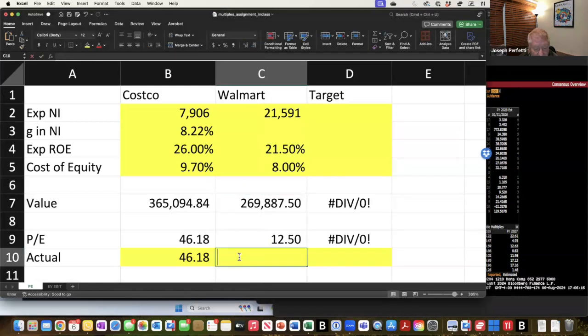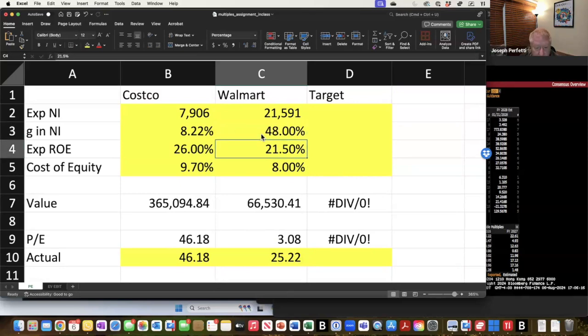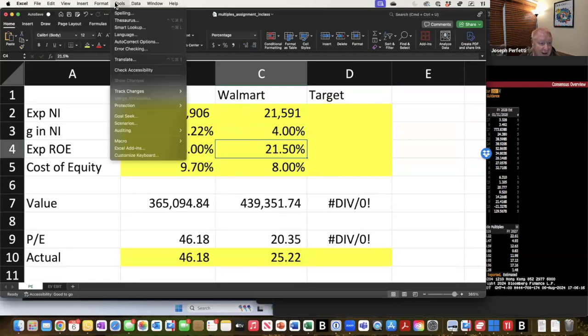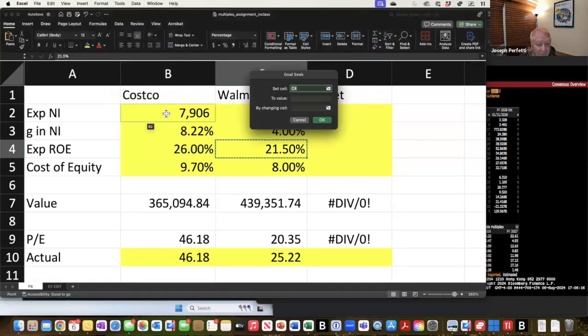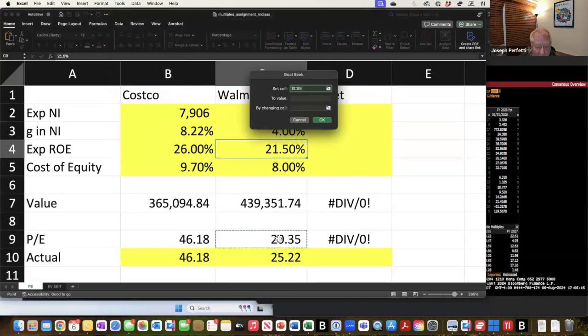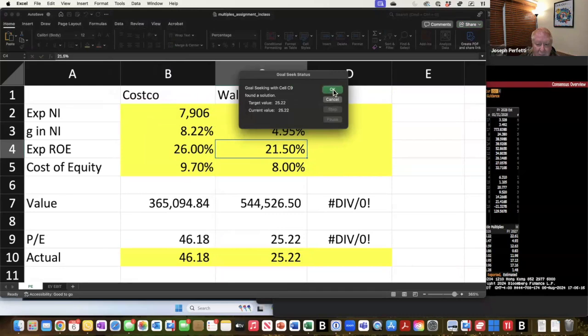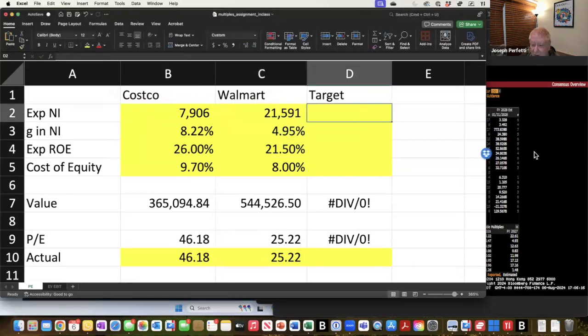Then we're just going to goal seek, or we could iterate. I can start putting in like 3, 4, but I could just goal seek, which is faster than iterating. Goal seek, set the calculated PE to the observed PE, 25.22, by changing the G. Walmart's G is 4.95.